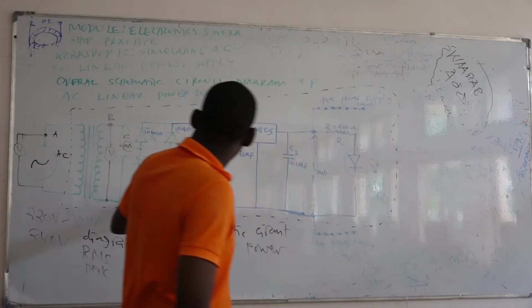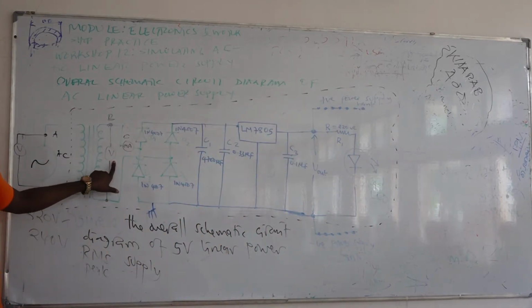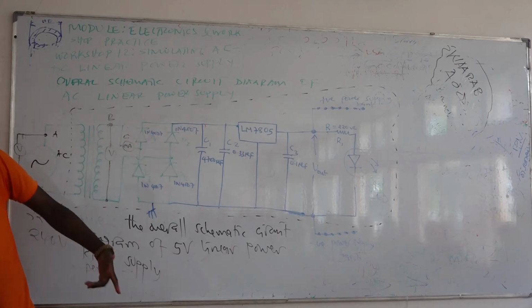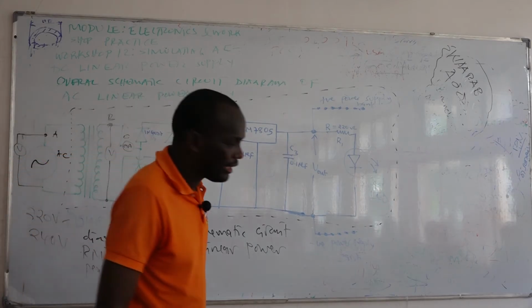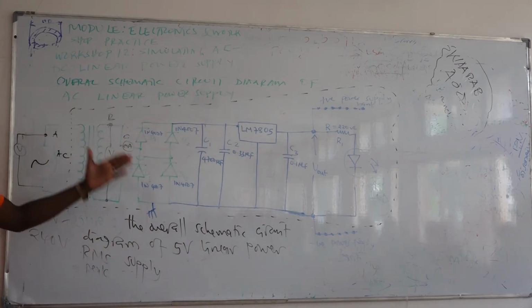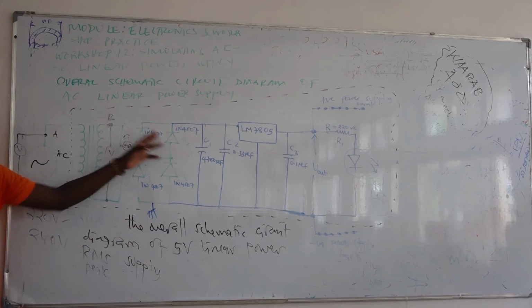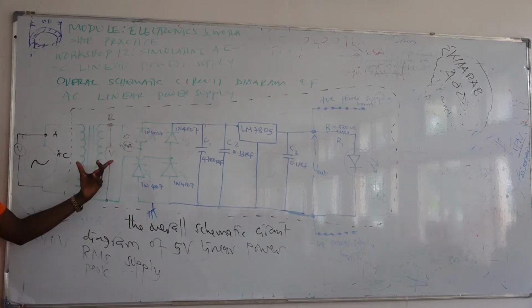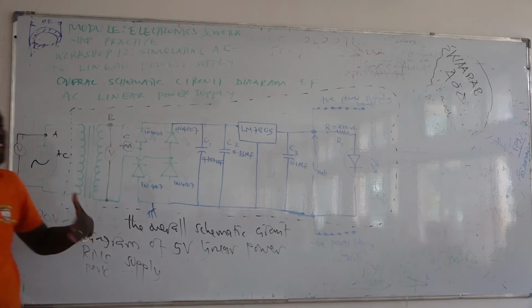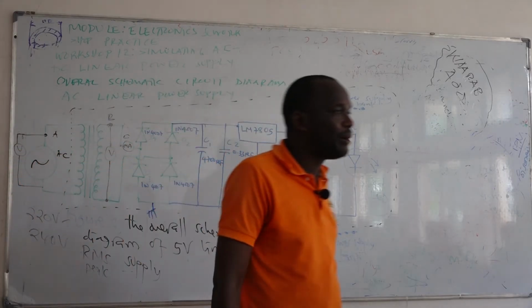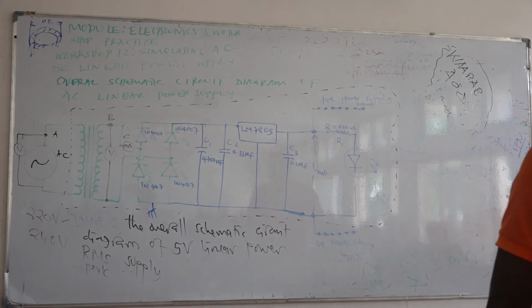Why? Because, for instance, if we measure 12 volt at this point, we might measure 15 volt at the next. Where does that 15 volt come from? It is actually the maximum voltage, because the root mean square voltage is 12 volt. If you convert it into maximum voltage, then you get 16.20 something.